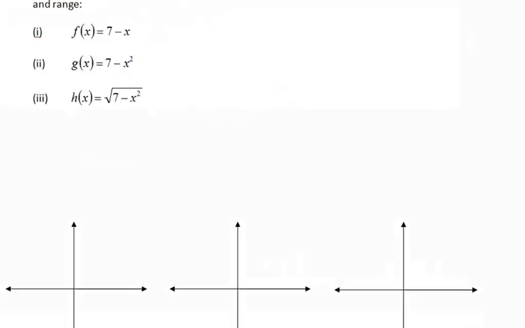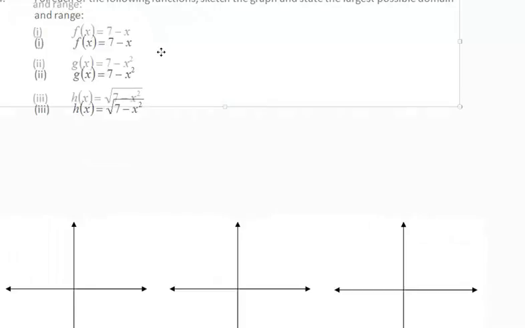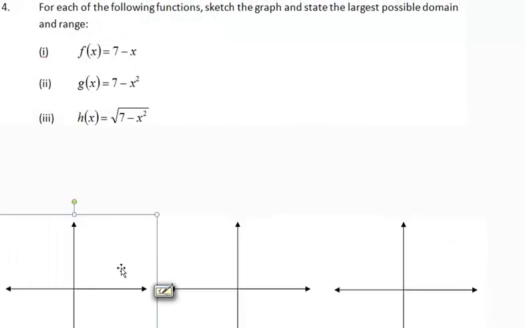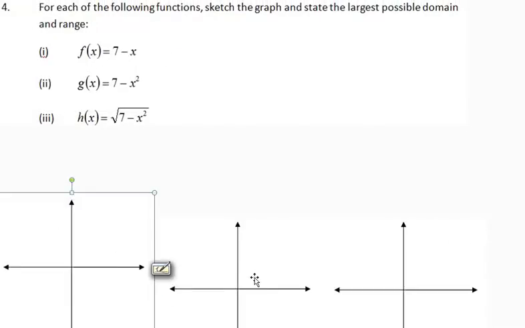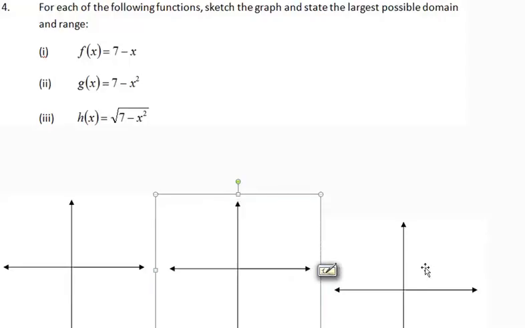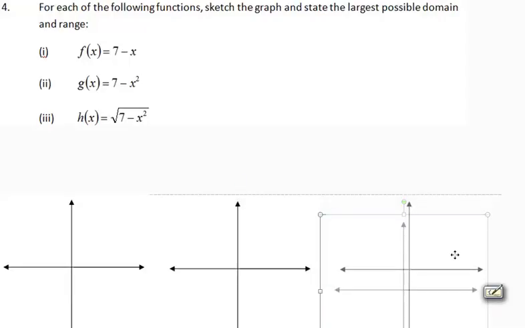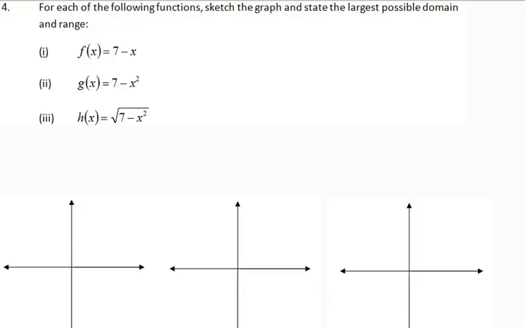Okay, so question 4, we'll just move these in a little bit. So for our following functions, we want to sketch the graph, state the largest possible domain and range here. So we're just going to sketch the graph here. So we know, well, here we cut through our y-axis at 7, and our x-axis also at 7 here.